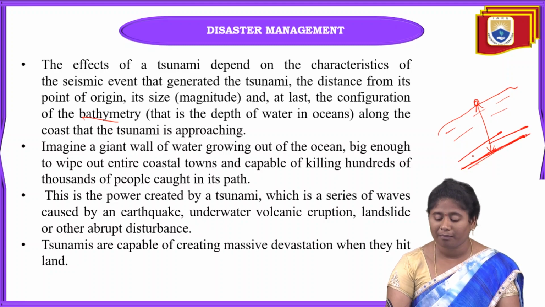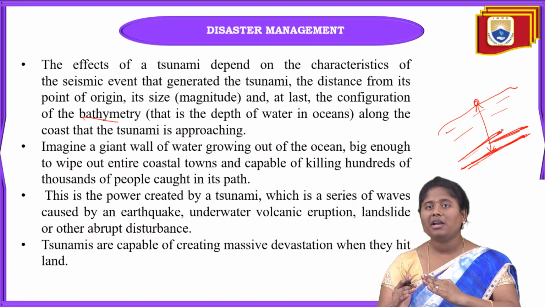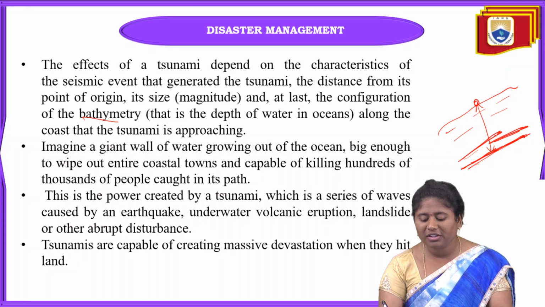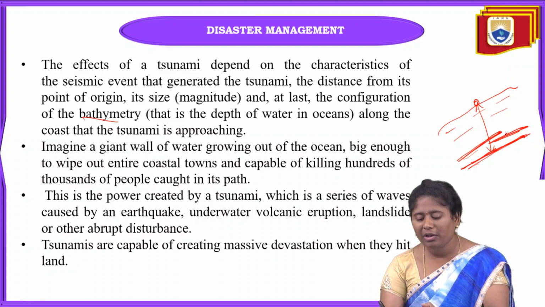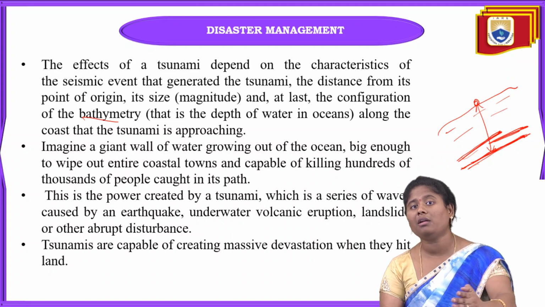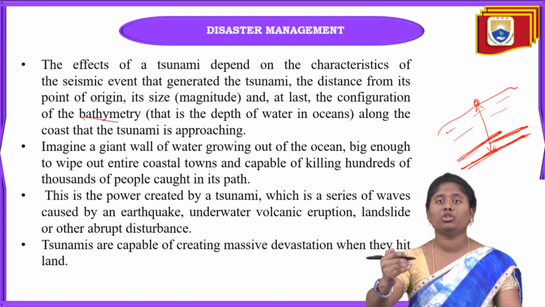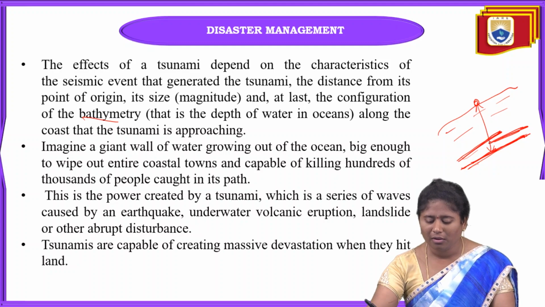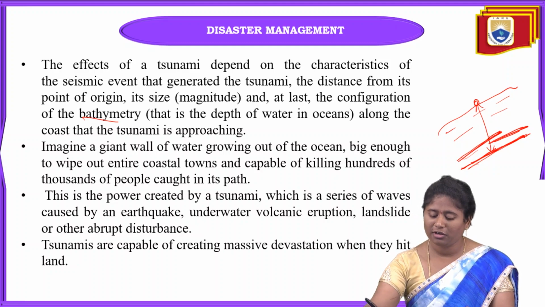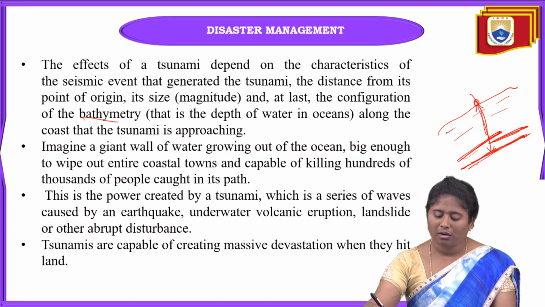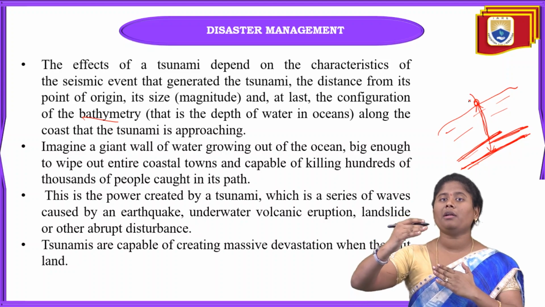This is our normal land. When an earthquake occurs, the land will be separated like this. When the land is separated like this, this part of the land will push the water outside of the ocean. Why? Because this overall land is going to push the water outside.